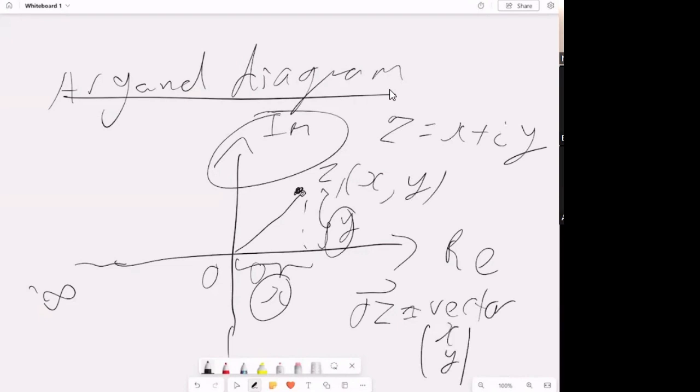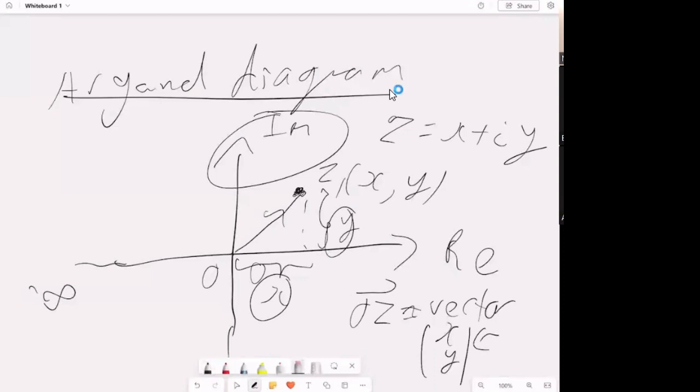You might need to use this, I don't know, but you can represent this as a vector starting from 0 to z, with this as the direction, since it starts from the origin. So the Argand diagram helps to represent Cartesian coordinates. That's the first form we'll go through today. Just a crash course: z equals x plus iy. The coordinates are x and y, just that we add the imaginary unit in front of y so that we can represent it on the imaginary axis.